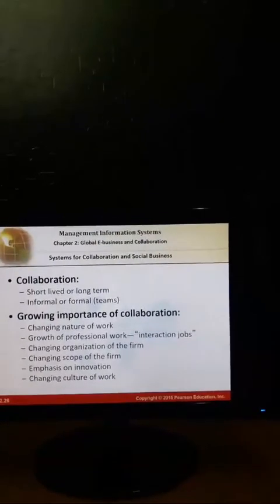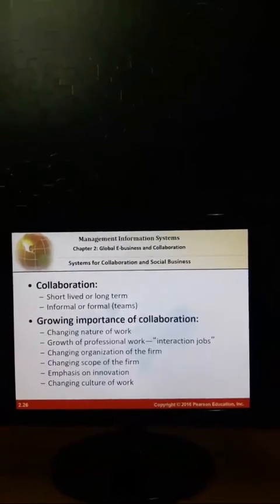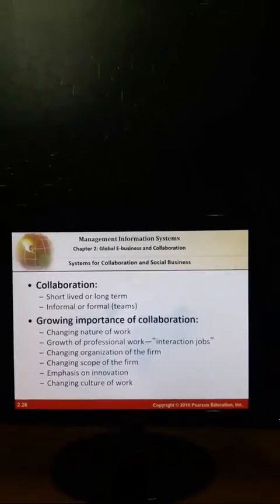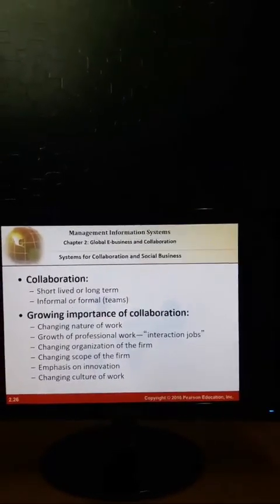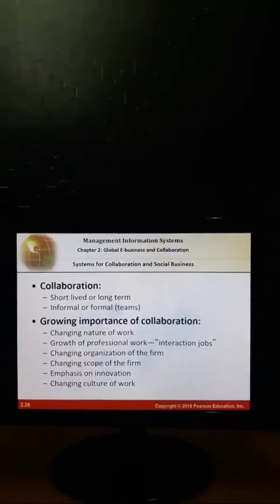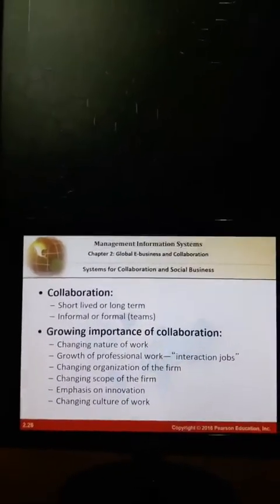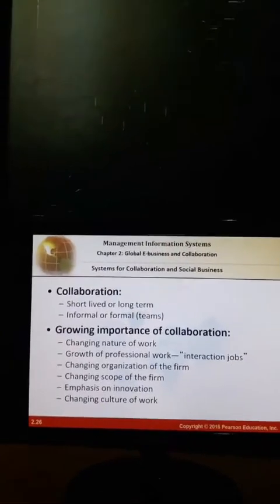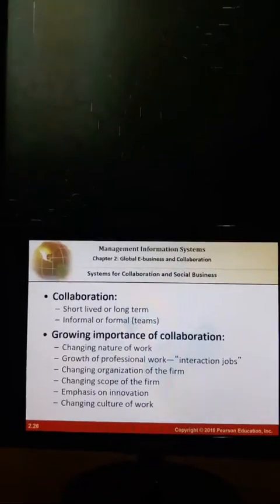There are also two kinds of collaboration: formal and informal. The difference is, if you are bound to collaborate, then that is formal. Again, if you collaborate not because you want to, but because you have to, we call that formal. But in the case of informal, you want to collaborate; you are not bound to do that.